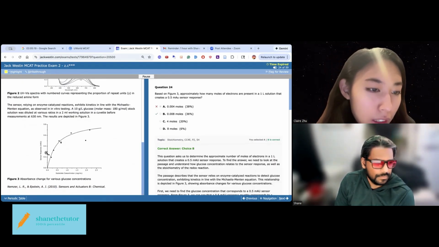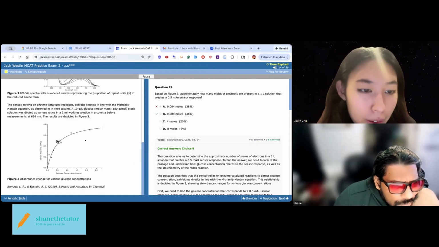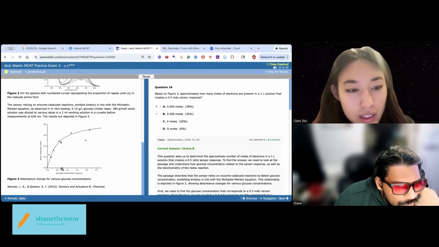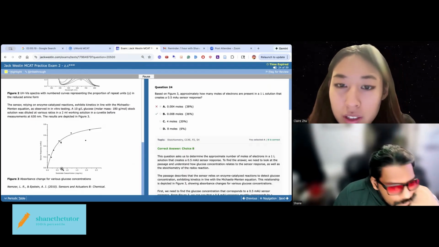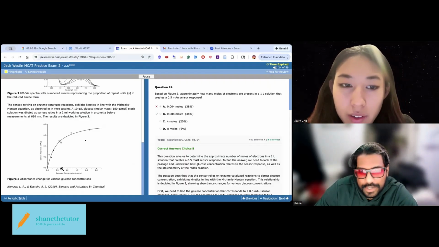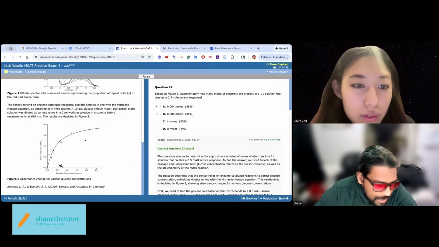I think it's probably just relevant here, and then to do 0.5, and seeing that's roughly 0.75 of substrate concentration. Okay, all right, maybe we don't need to know. Let's see. So approximately how many moles of electrons are present in a 1 liter solution? Okay, so 0.5.